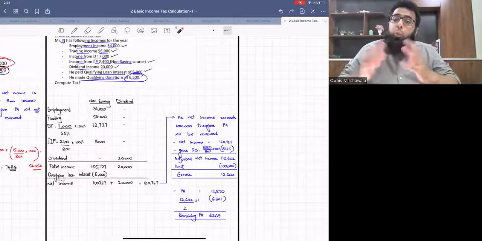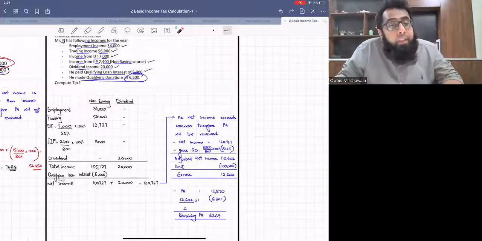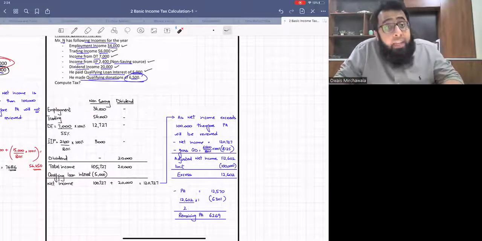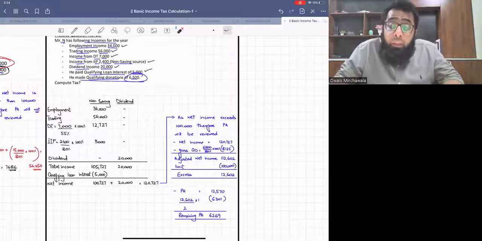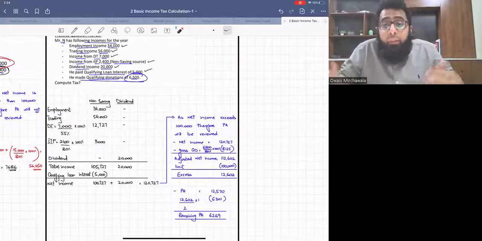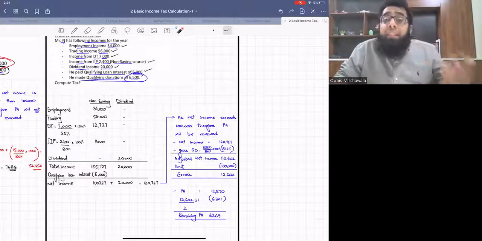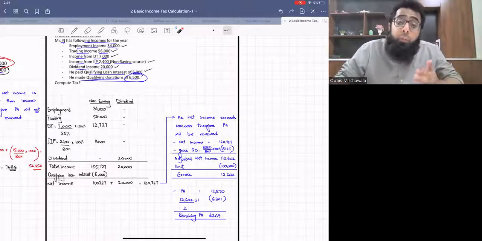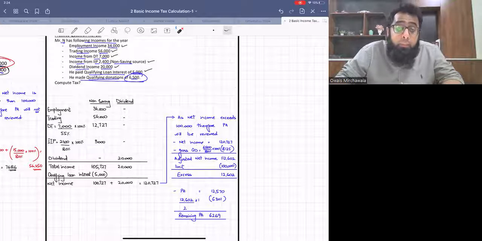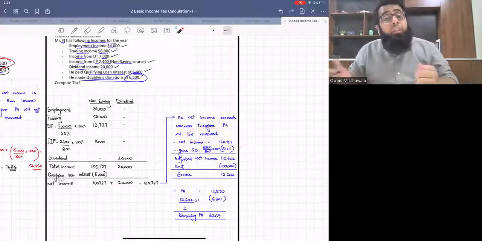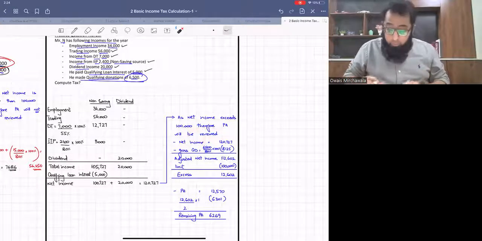Okay, so you classify the incomes in the right heads. You deduct qualifying loan interest, you arrive at the net income, you compare it with the limit. If it is below 100,000, there is nothing to worry about. You get the whole personal allowance. But if it exceeds 100,000, you need to review the personal allowance. So when you review the allowance, you look at qualifying donation and you look at pension contribution.